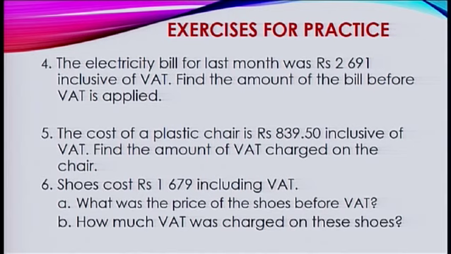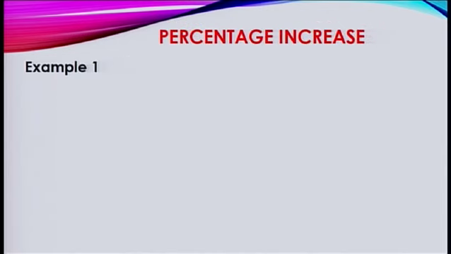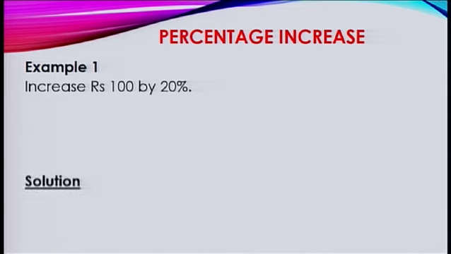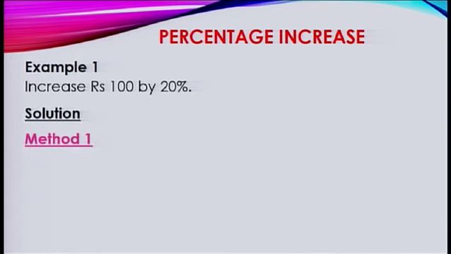Okay, now we move to percentage increase. You've done percentages before, right? So in grade 8, we are going to look at percentage increase. Let's see an example. Increase 100 rupees by 20%. How do you do that? Well, we'll see two methods.